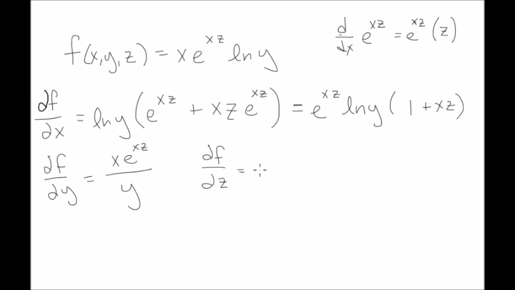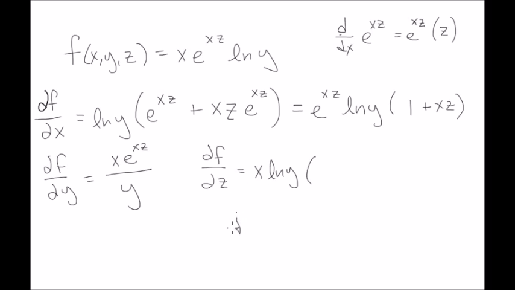I take the derivative with respect to z. Notice that only one of the terms has a z, so my x and my ln y will be constants out front, and then I just need to take the derivative with respect to z of e to the xz. It's the same basic pattern as I had here, except that now I'm taking the derivative with respect to z.